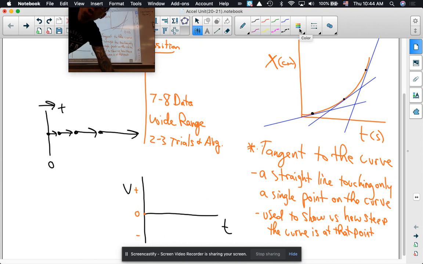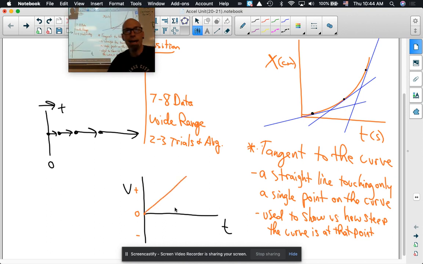It gets faster positively because it's traveling in the positive direction, because all of the slopes of these tangents are positive, which is why my arrows are positive. That means I have positive velocities here, but they're getting bigger, which means this graph has to be like this. That graph has to have an upslope on it, okay?